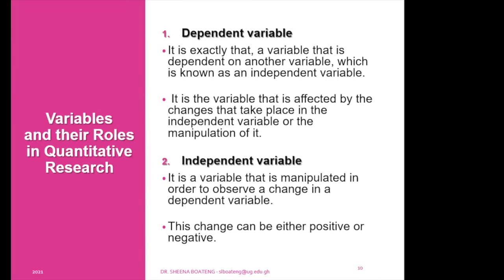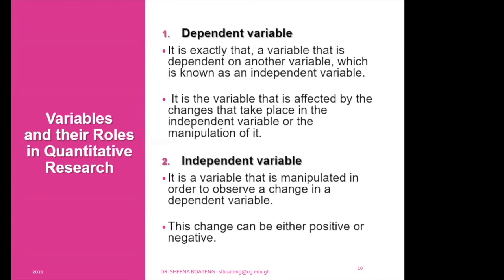Good, Patience. So moving on, now that we have determined that a dependent variable is a variable that is dependent upon another variable, which is referred to as the independent variable, we are now going to explain what the independent variable is, right? Because we have established that a dependent variable is influenced by changes that take place in the independent variable. Therefore, we can say that the independent variable is a variable that is manipulated in order to observe a change in a dependent variable, right?